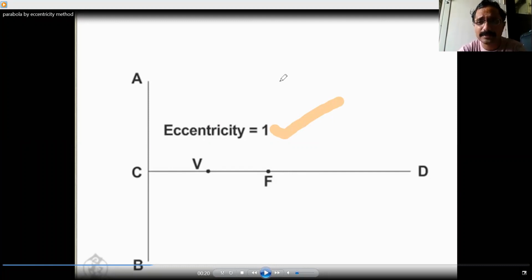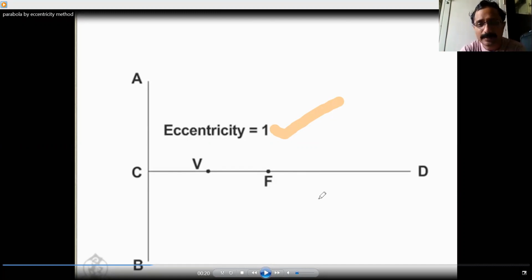Whereas for ellipse eccentricity is less than 1, for hyperbola eccentricity is greater than 1, only for parabola eccentricity is equal to 1.